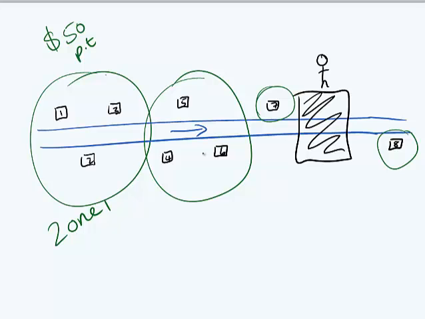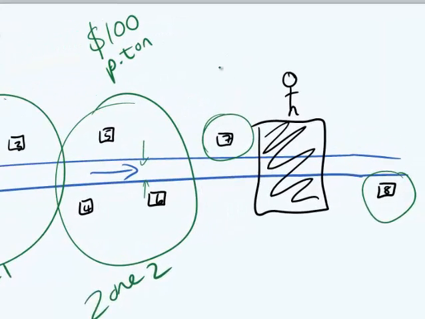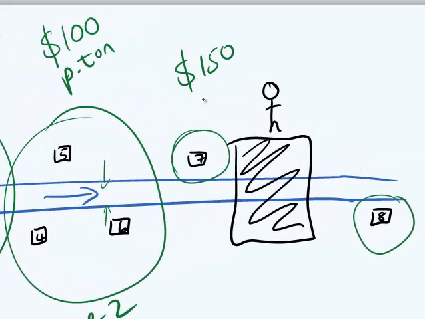Then when we get closer to the city, we know the companies that pollute here into the river, there's not enough time for this to be broken down before it reaches the city, and it has a bigger damage to the people of the city, so we charge them $100 per ton that they emit into the river, and we call this zone 2. This company 7, we ask $150 per ton they emit, and we call that zone 3.